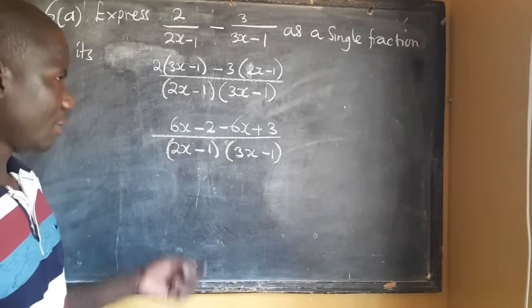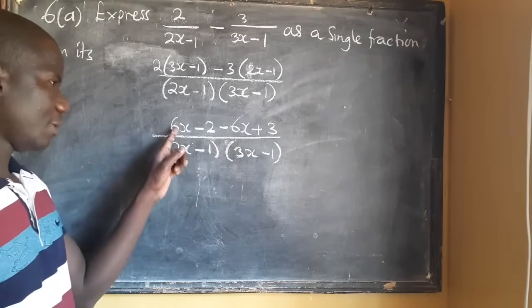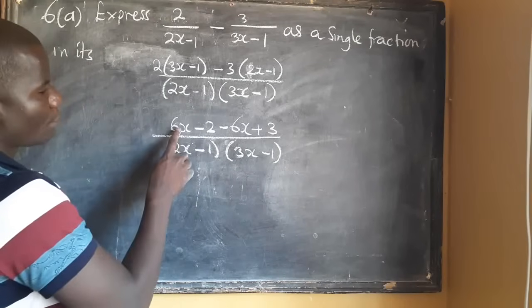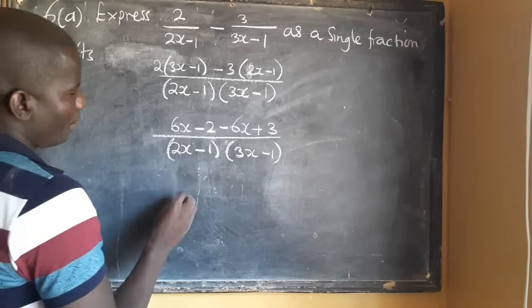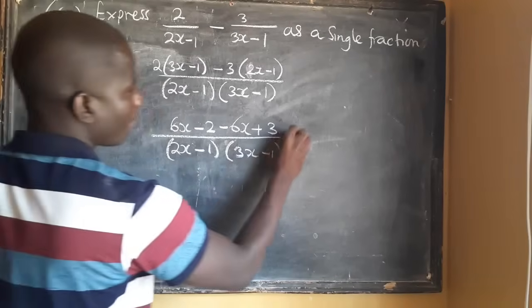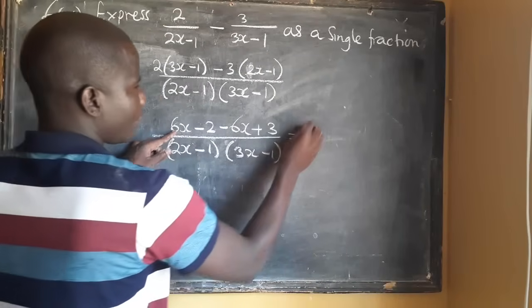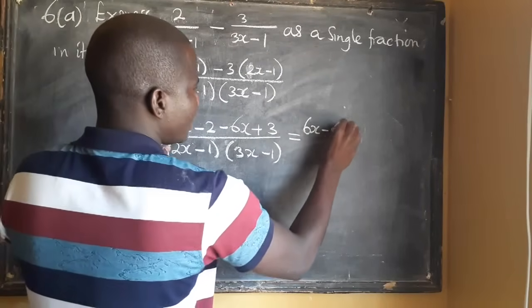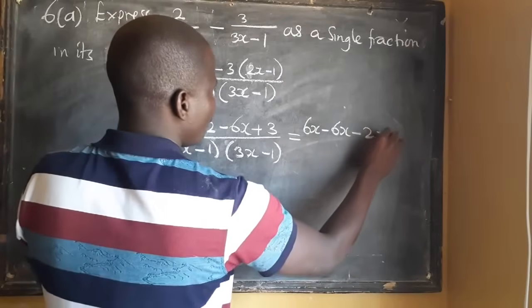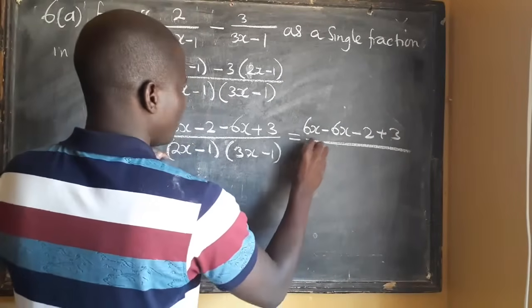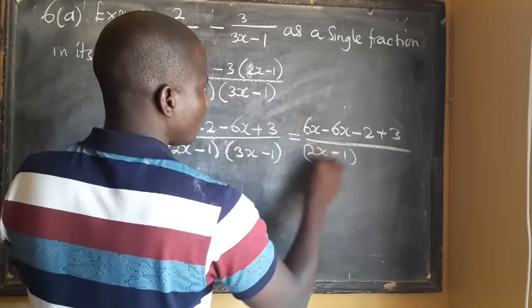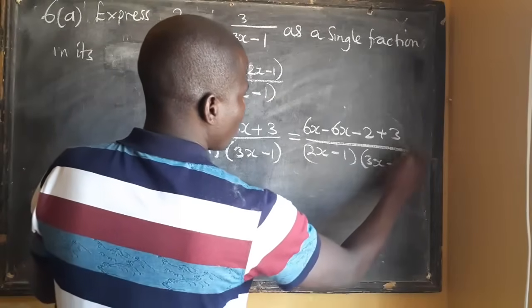From this point now we need to simplify the numerator. So we have 6x minus 6x minus 2 plus 3 over 2x minus 1, 3x minus 1.